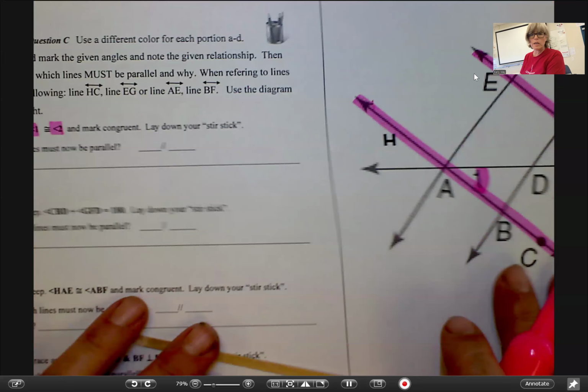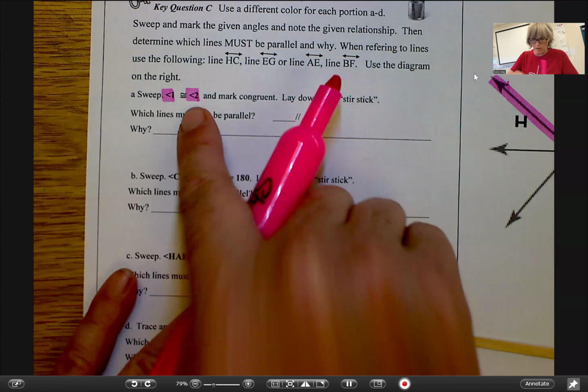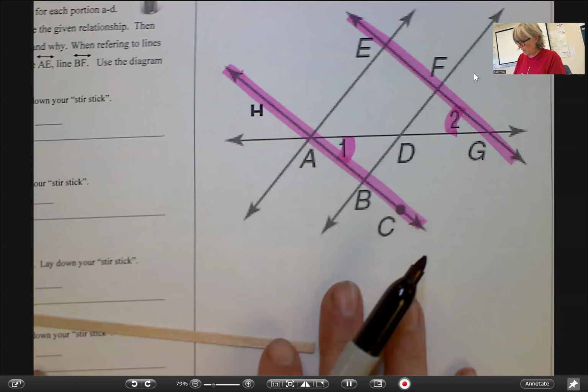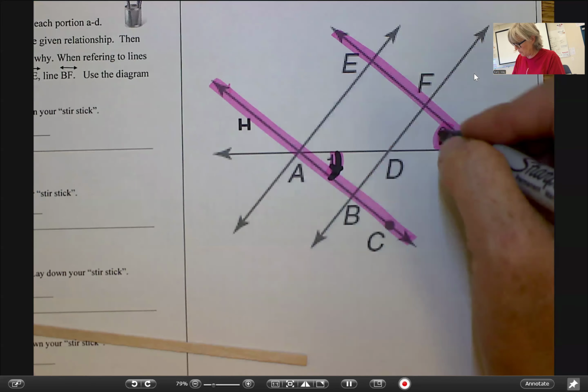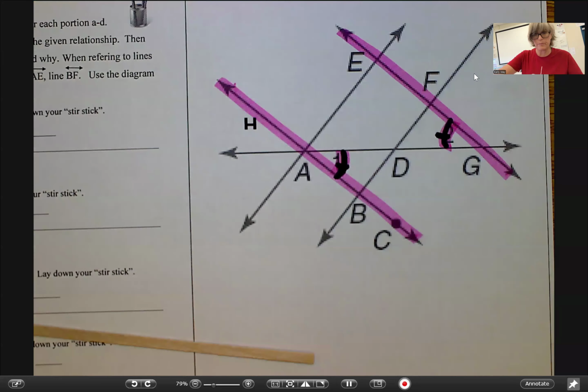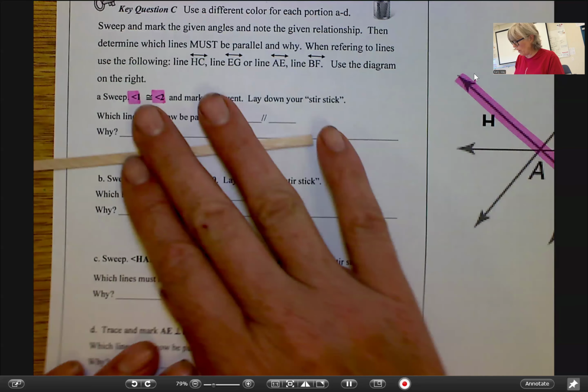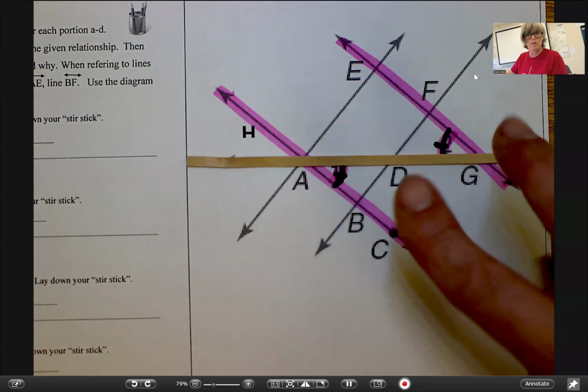So it says right here that they are congruent. Angles 1 and 2, even if they don't look congruent. Angle 1 is congruent to angle 2. Lay down our stir stick. Now, which lines are parallel because of that?